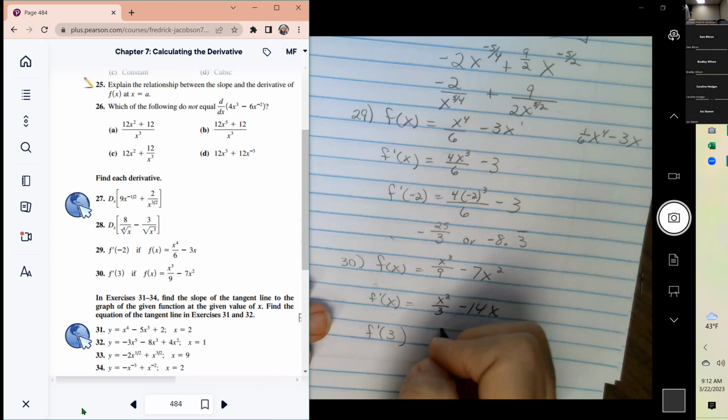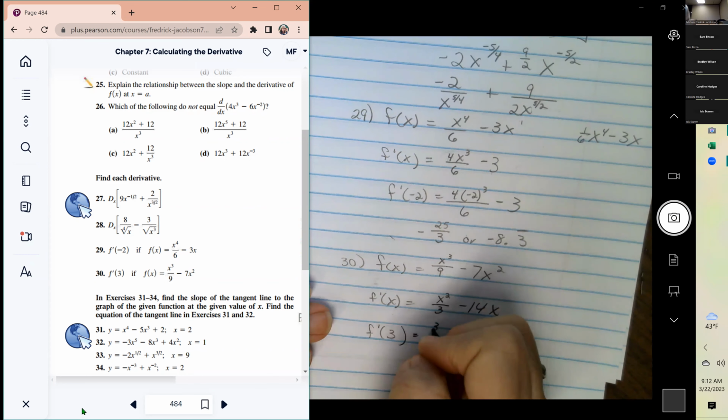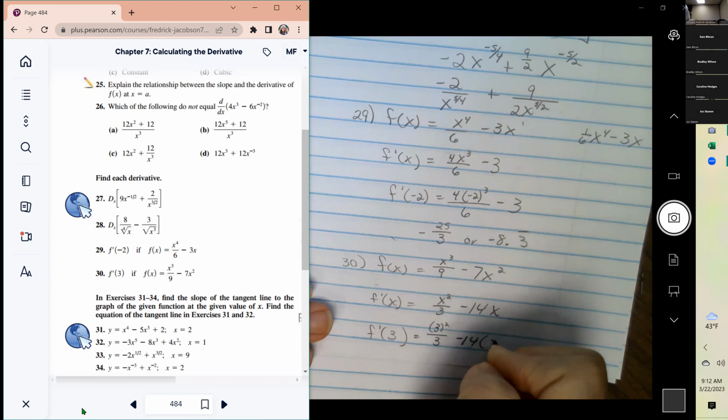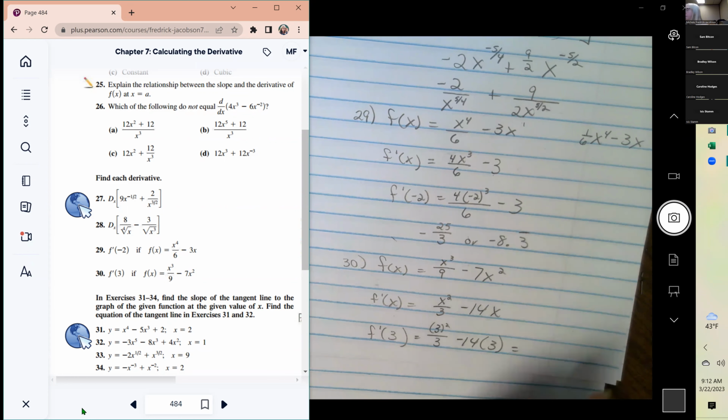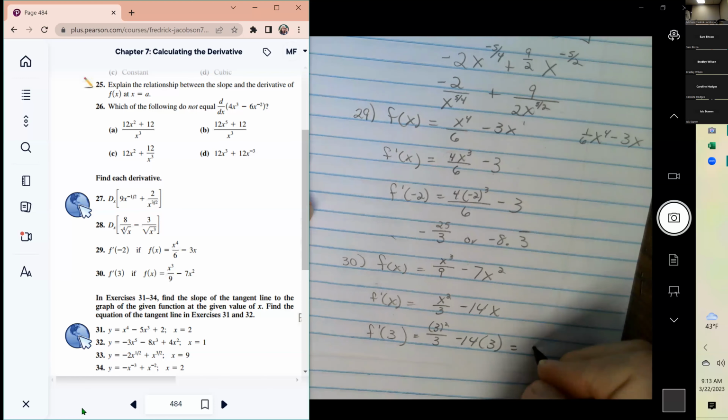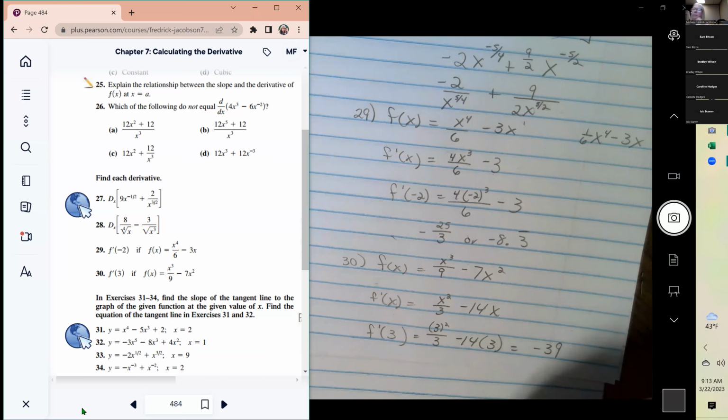And then plug in your 3. Everyone getting a negative 39?